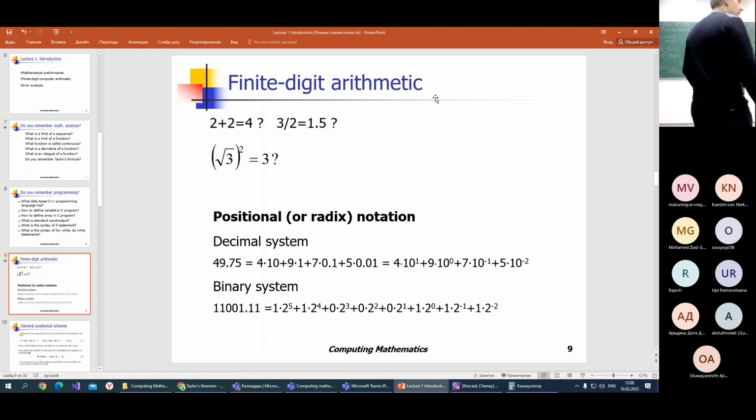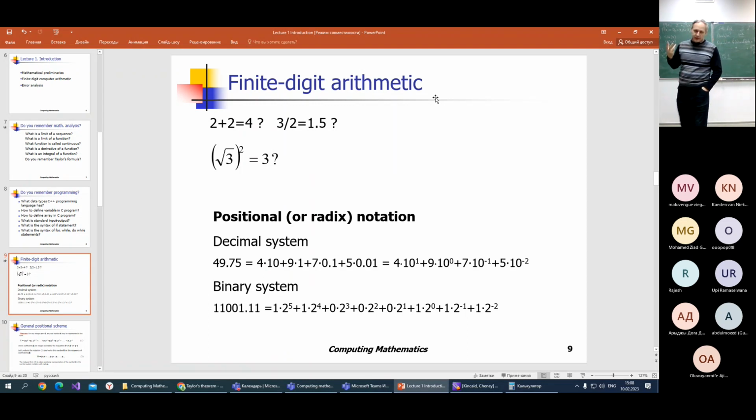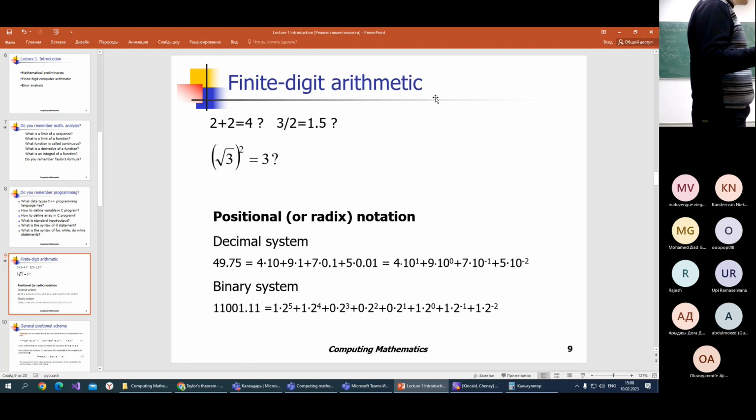In this case, even very simple numbers, such, for example, 0.1 in decimal system of notation, it cannot be written in binary system of notation exactly, because this number in binary system is written with infinity many number of digits after the point.